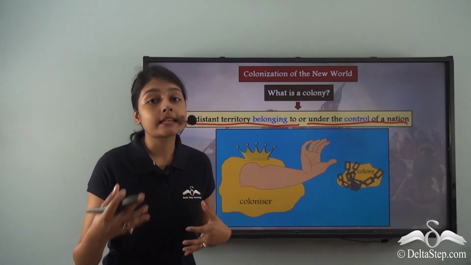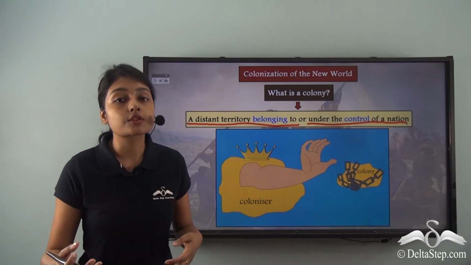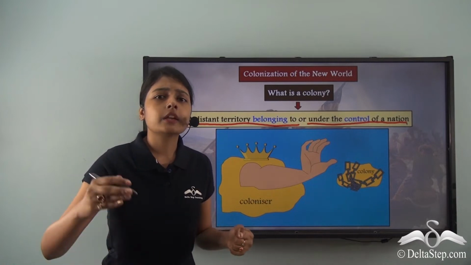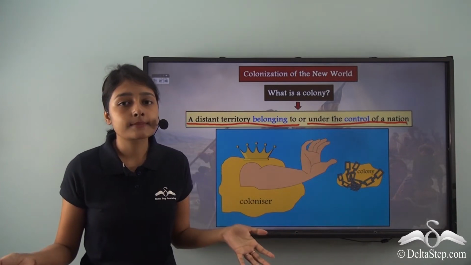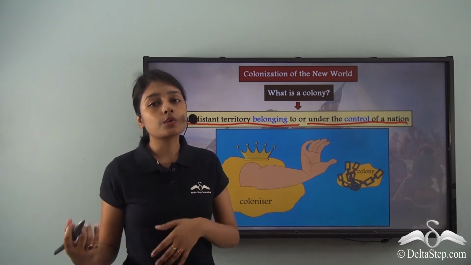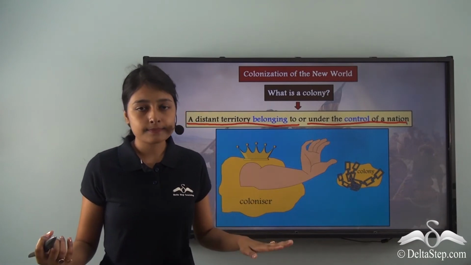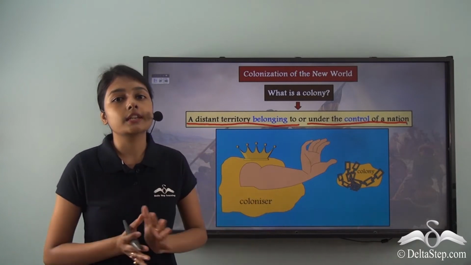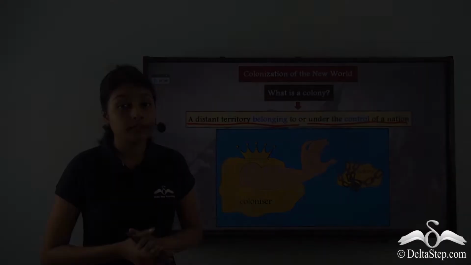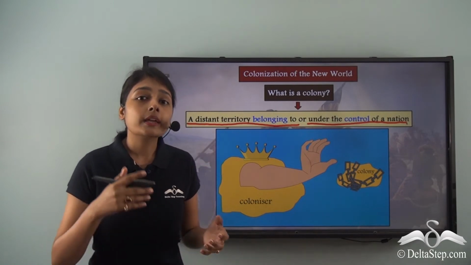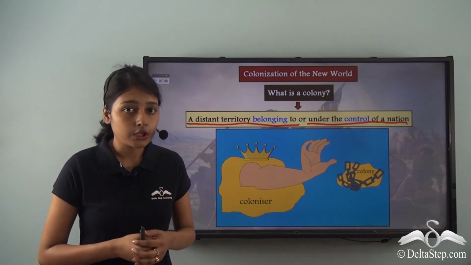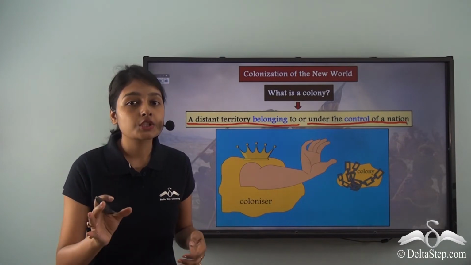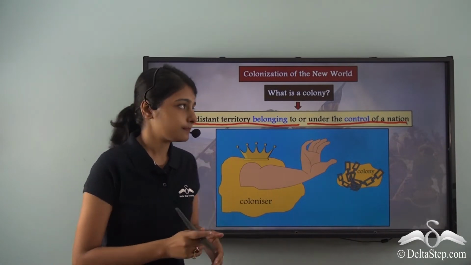Colonies were primarily set up by powerful European nations to exploit the resources of a weaker nation, to spread their religion onto new lands, to bring back huge resources from the colonies, and to exercise their power and bring more territories under their control. These are the primary reasons why colonies are established across the world. And in the New World, it was the European nations that were setting up colonies.